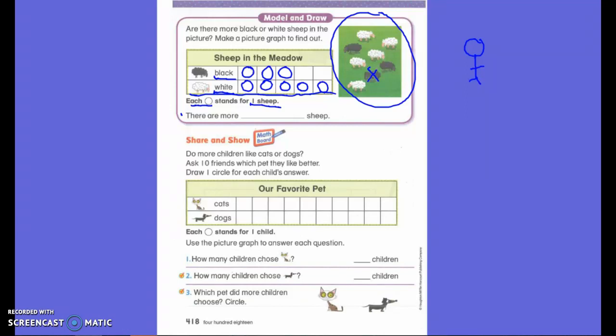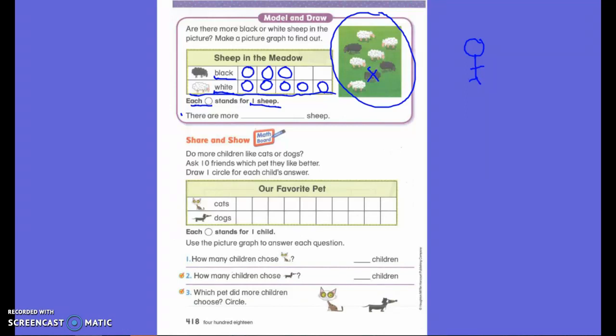What are my important key words? How many more? That is looking for those who don't have partners. Thank you. For those who said that, you have that in your brain. How many more is asking who doesn't have partners?